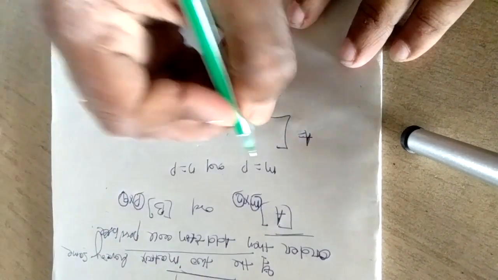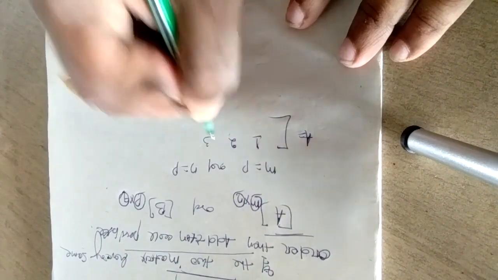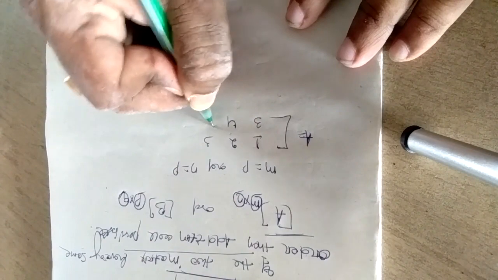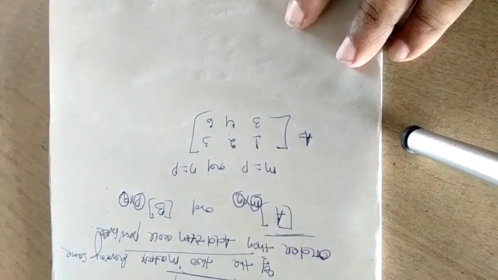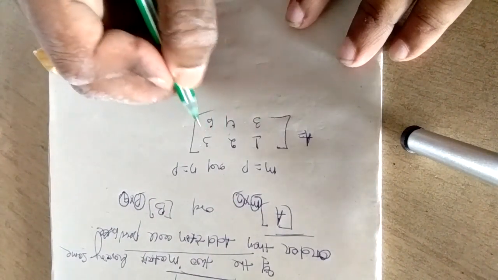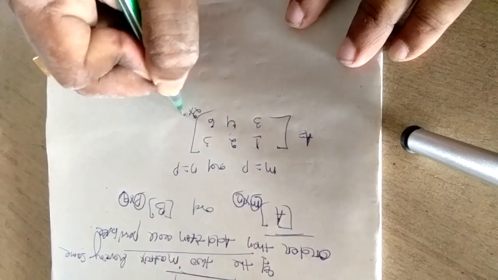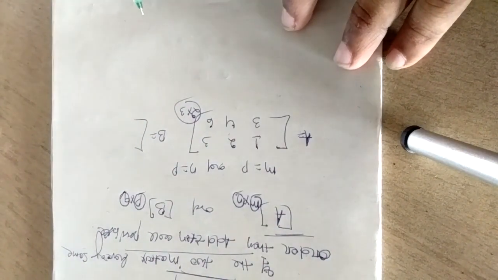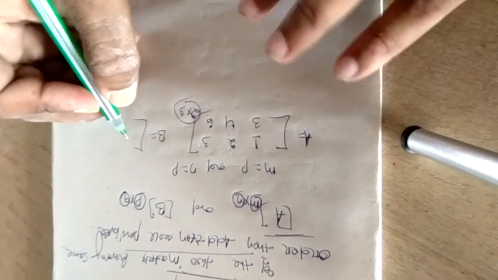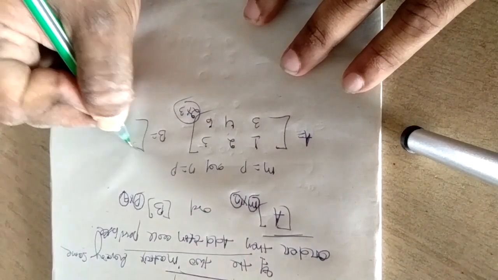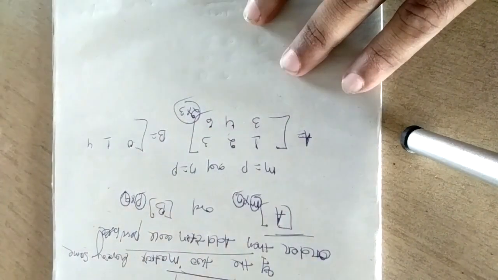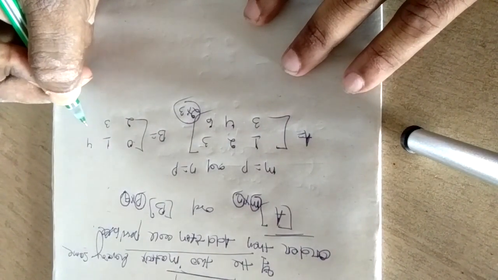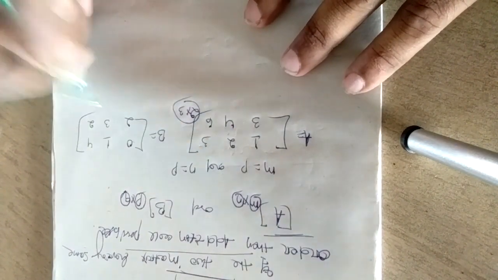For example, taking A matrix 1 2 3, 3 4 6, this is the order 2 by 3, and B matrix 0 1 4, 2 3 2.